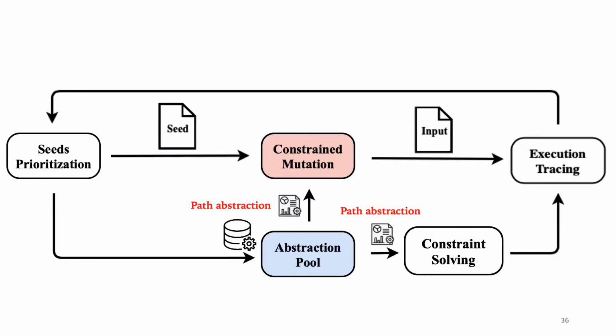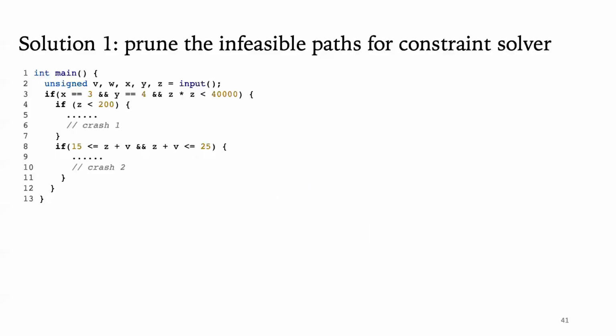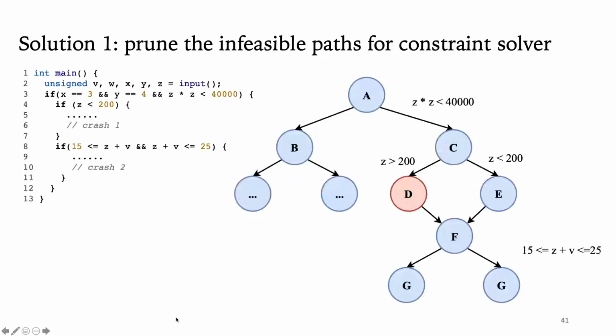Next, we're going to solve the non-incremental issue in constraint solving. For constraint solving, path subtraction can be reused for pruning the invisible paths, using the control flow graph of the previous example as demonstration. Existing coverage-guided fuzzing would attempt to cover the edge CD. This causes constraint solvers to always solve the constraint whenever the execution reaches these uncovered edges.